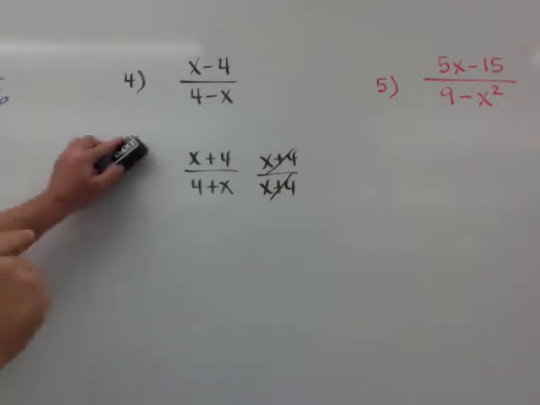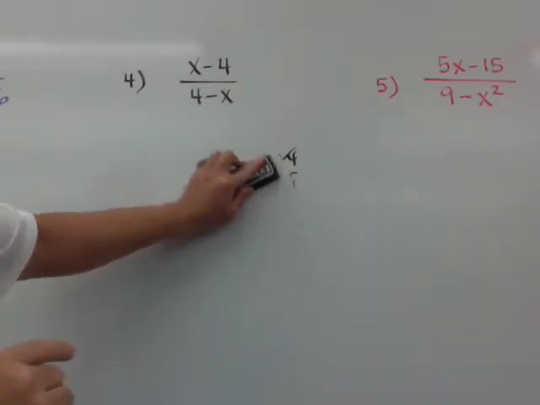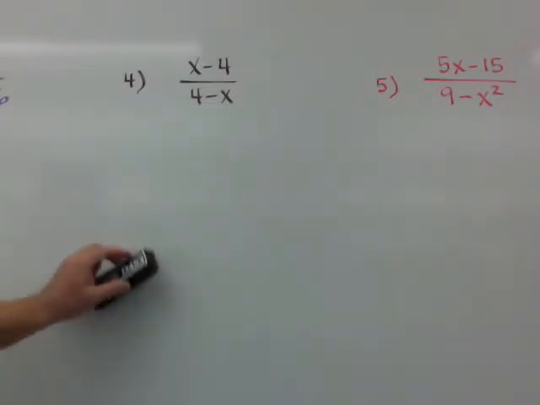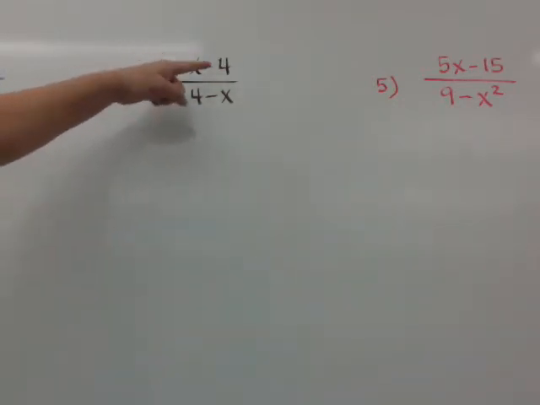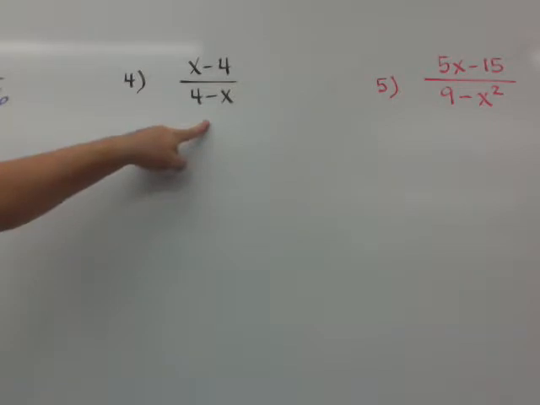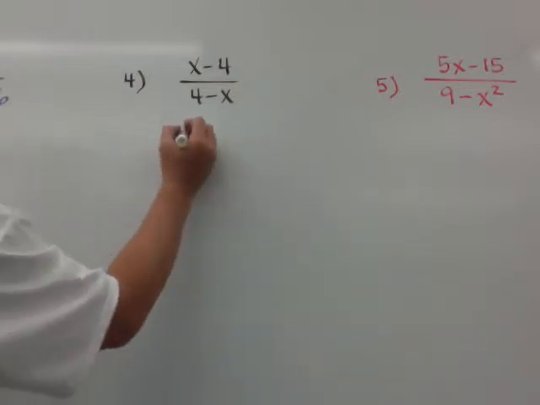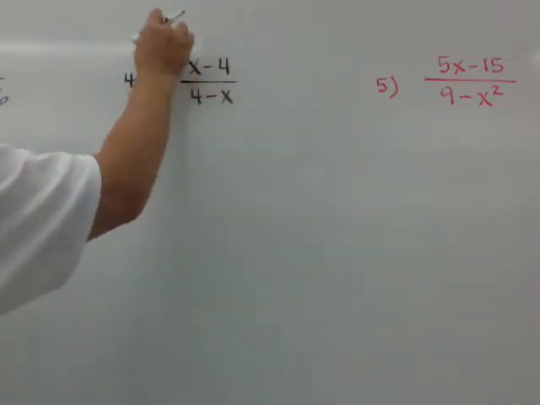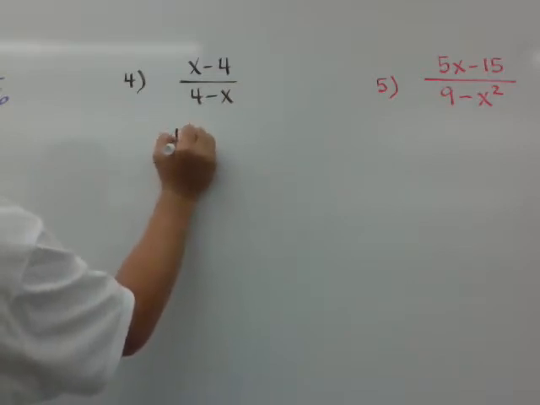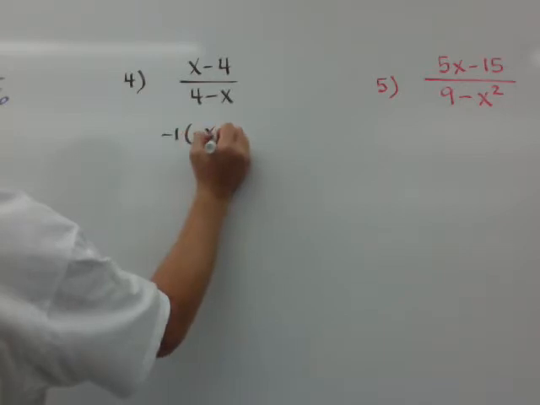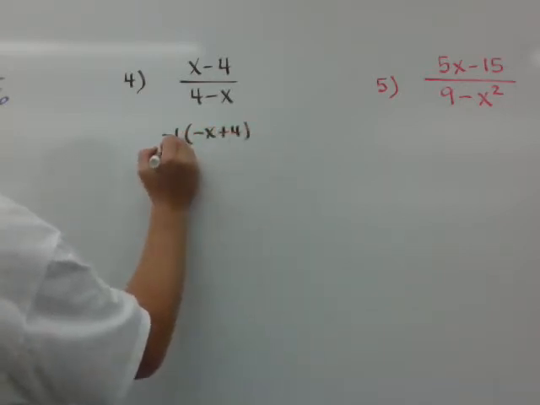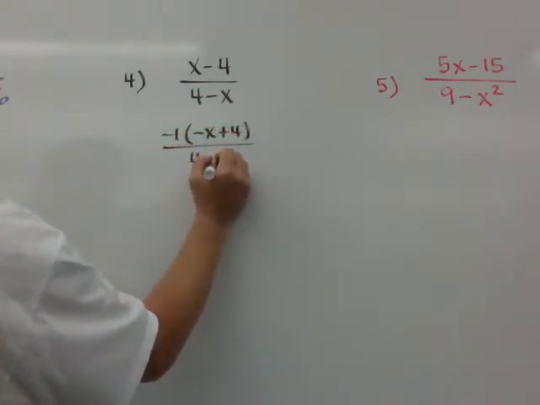Okay, but because it's subtraction, I cannot just switch them around. And I cannot cancel them out either because they're not the same thing. x minus 4 is not the same as 4 minus x. Okay, but what I could do is factor out a negative 1 from the top. I'm left with negative times x plus 4 over 4 minus x.